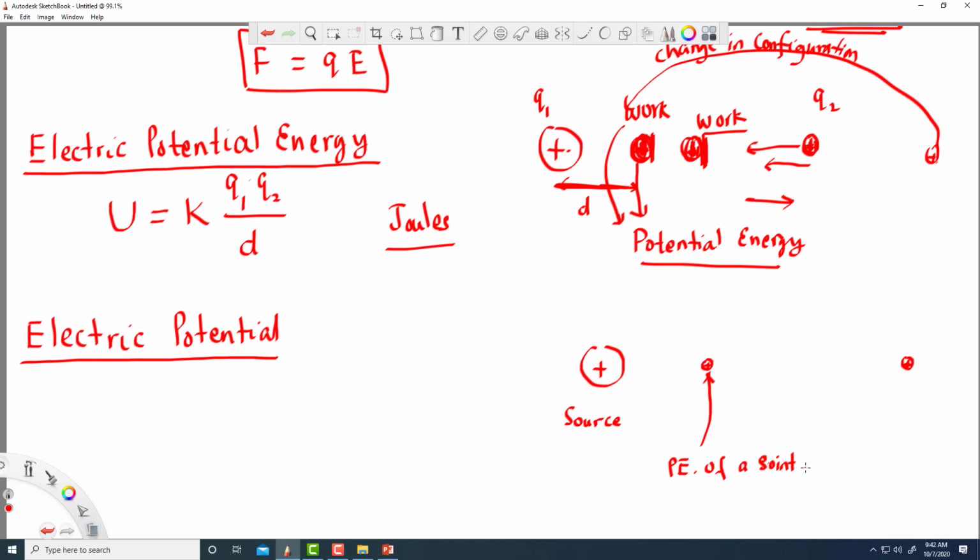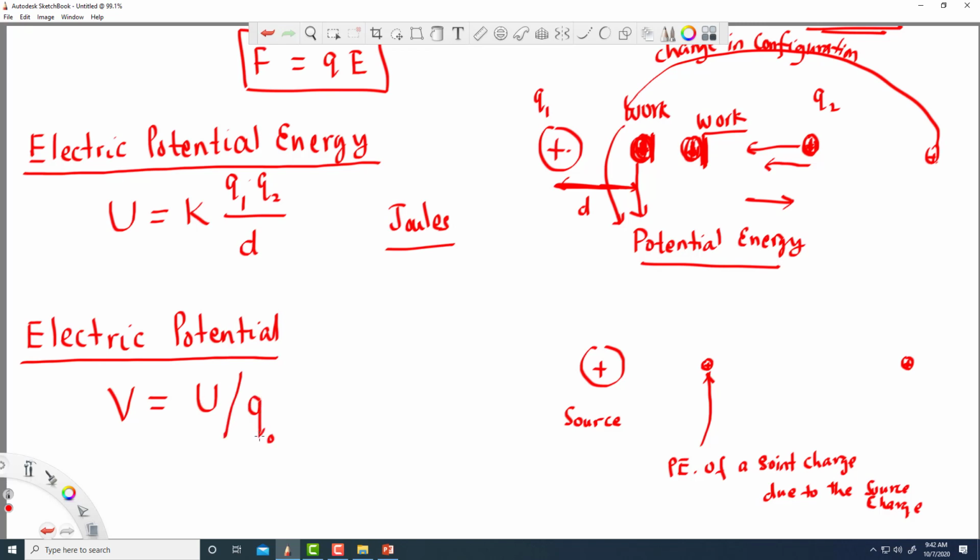Potential energy of a point charge due to the source charge. So that's electric potential, which is denoted by V. So potential energy is energy of any charge, any amount of charge, but electric potential is energy of a unit charge.